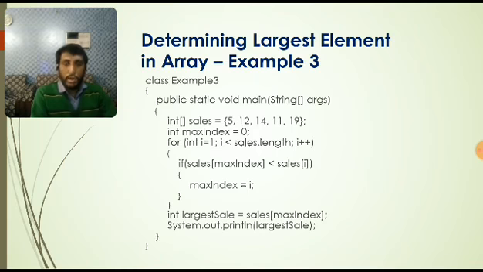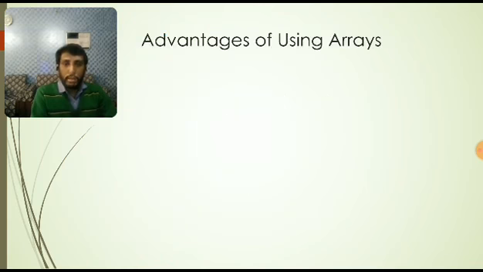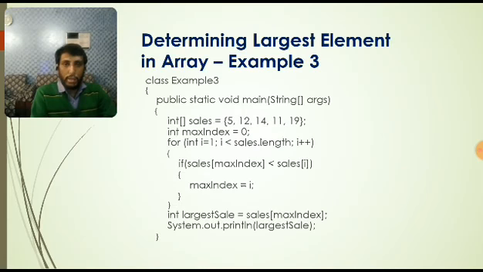So this way we can determine the largest value in the array, and length is the keyword to find out how many indexes have been created. And if we want to run till the last index, then we have to use the name of the array dot length. So like this it is working.